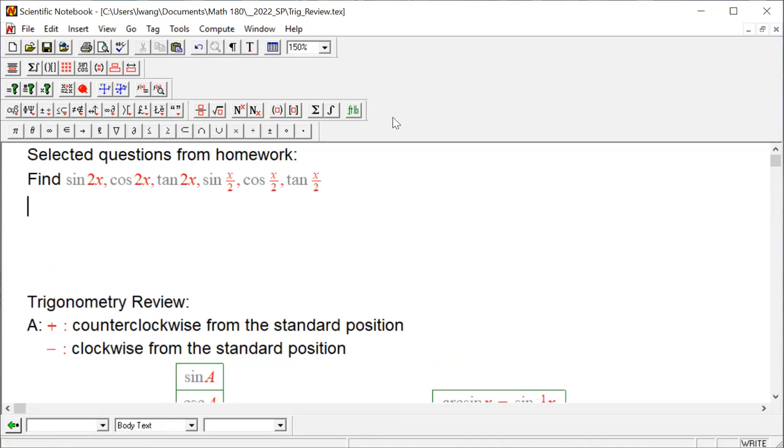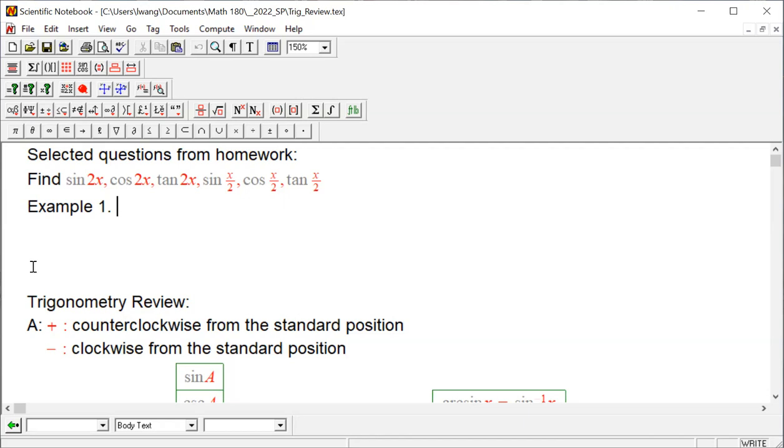The first question we're going to talk about is example number 1. The information given to us was sine x equals 12/13. Maybe I would choose a different question.